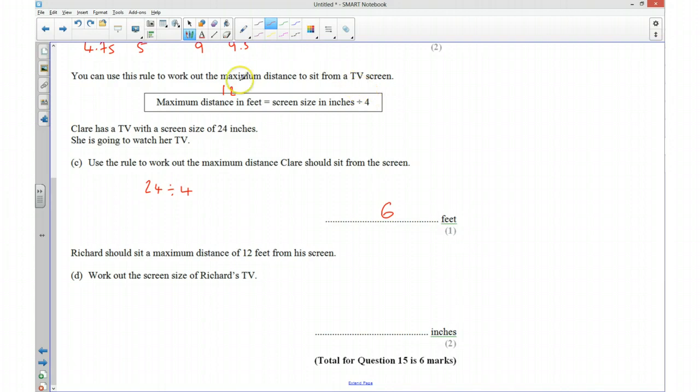To work backwards we can times by 4, and 12 times 4, that's going to give me 48. So that means that this Richard screen size is going to be 48 inches. We can check that because 48 divided by 4, that does in fact give us 12, so that's going to be right.